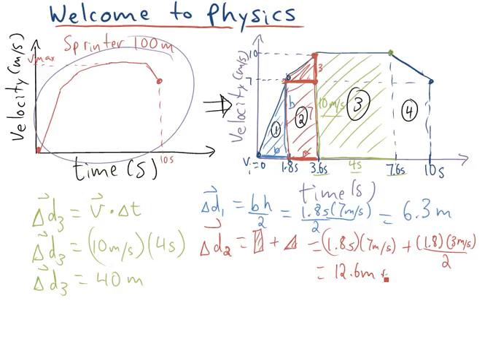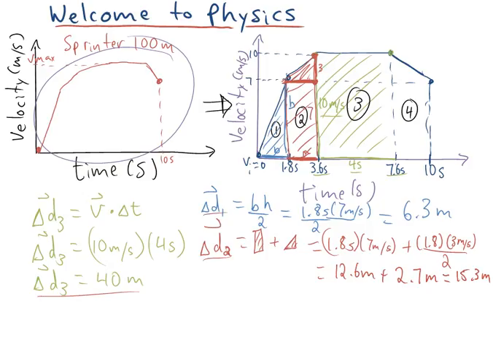Divide that by 2, you get 2.7. 2.7 plus 12.6, and you have 15.3 meters covered in this second phase. So this is your second phase of your 100, where you're still accelerating but not as fast as before. And now I've done the 3, 2, and 1.